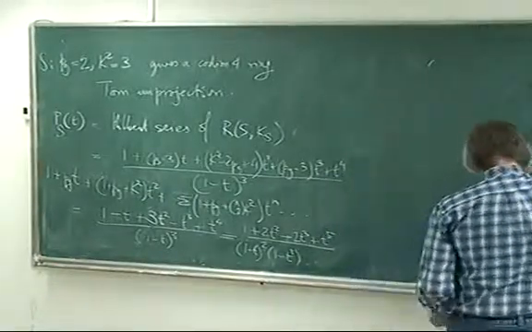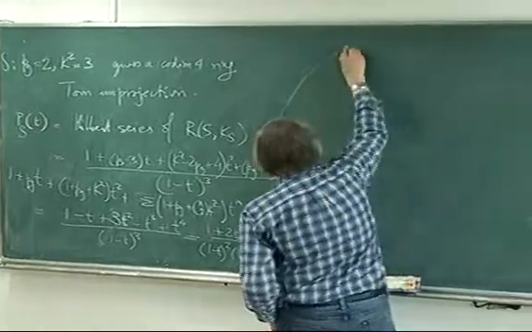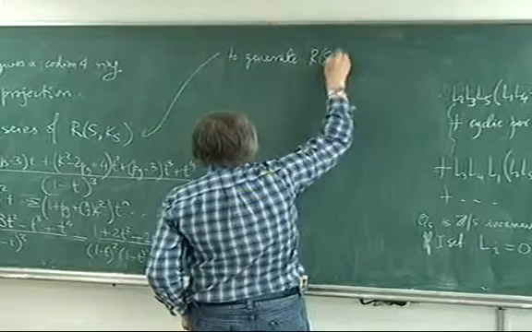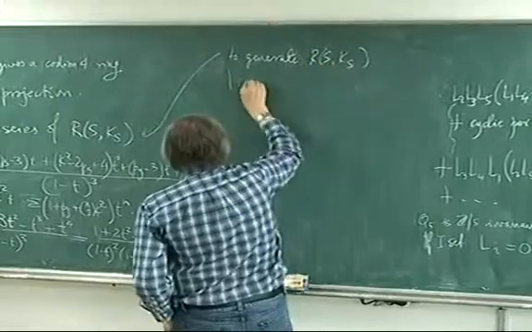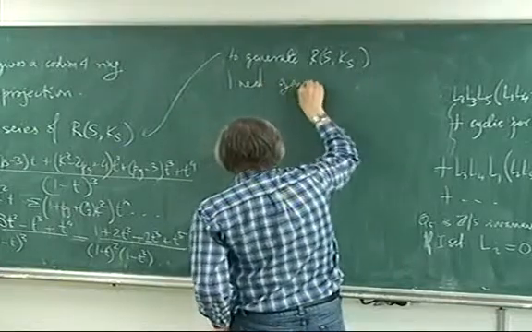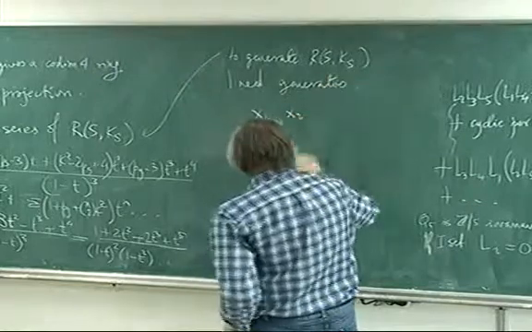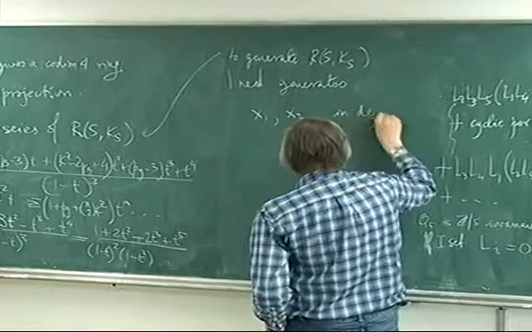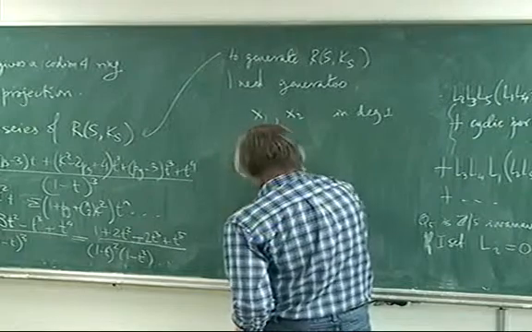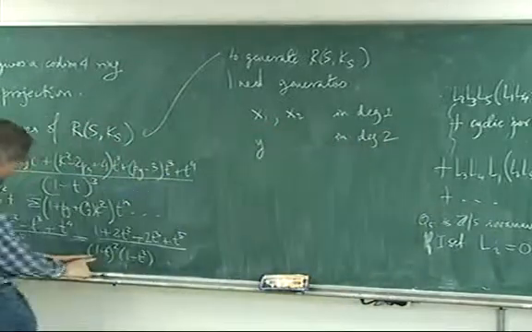So what this is saying is that if I want to generate this ring R of S KS, I need generators x1, x2 in degree 1, and then y something, let me hold fire as to what I'm going to call it, in degree 2, and that's this denominator.